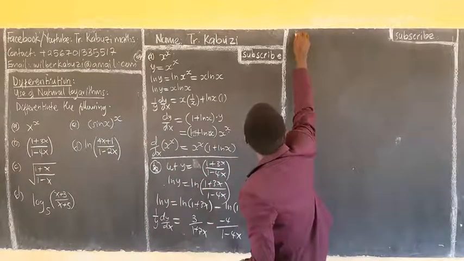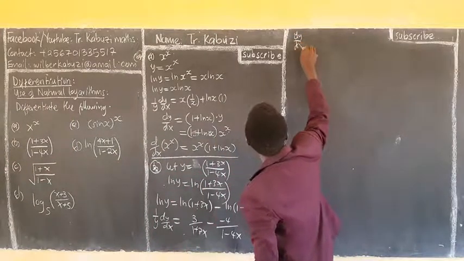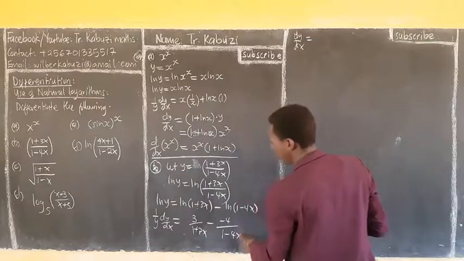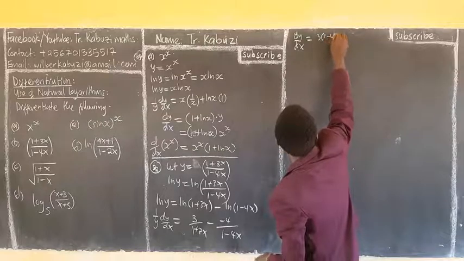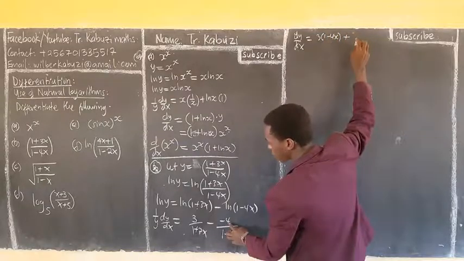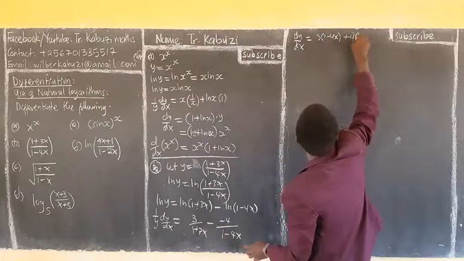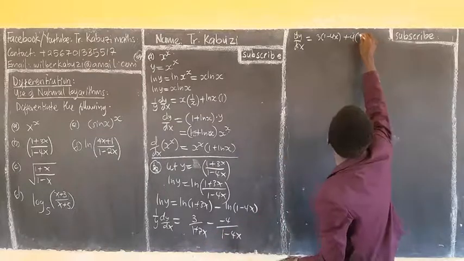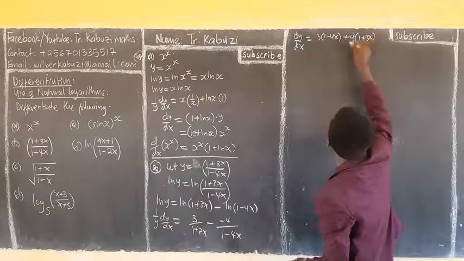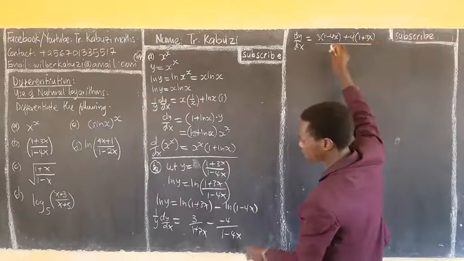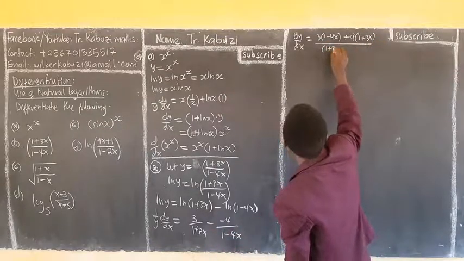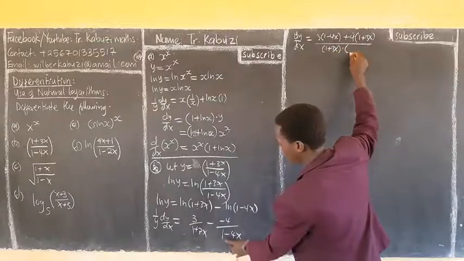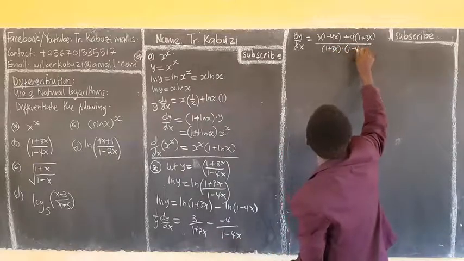My 1 over y dy dx is going to be 3 into 1 minus 4x, then plus 4 times 1 plus 3x, the whole over 1 plus 3x times 1 minus 4x.